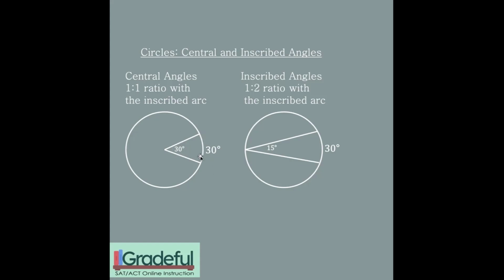So if we had this 30-degree arc right here, we'd have a 30-degree angle. For inscribed angles, we have a 1-to-2 ratio with the inscribed arc. So an inscribed angle goes all the way across the circle, and if we have a 30-degree arc right here, we'll have a 15-degree angle.